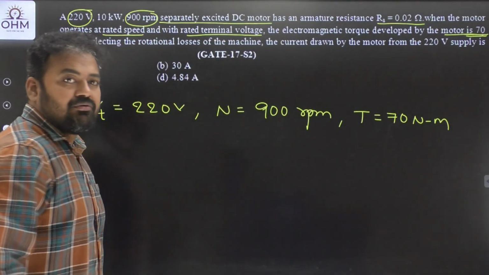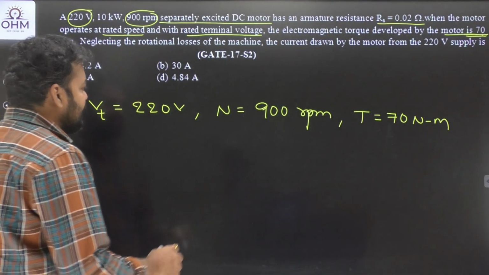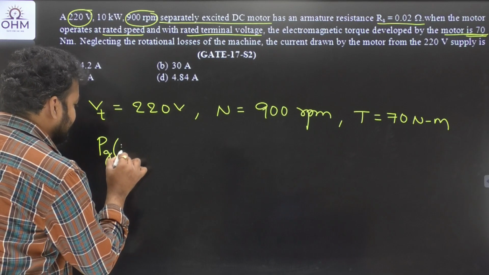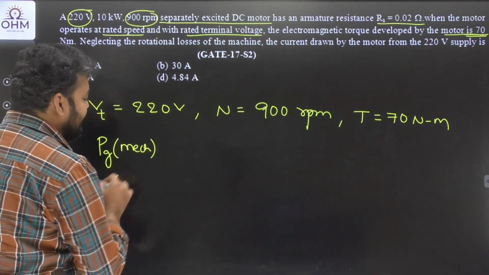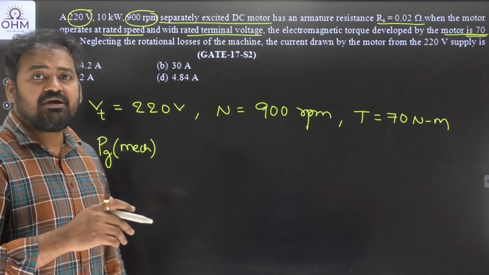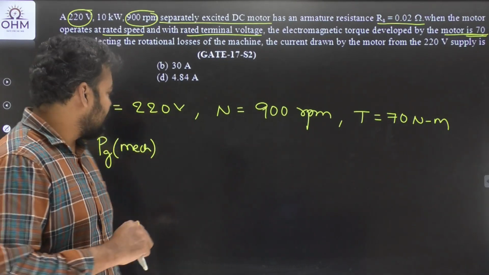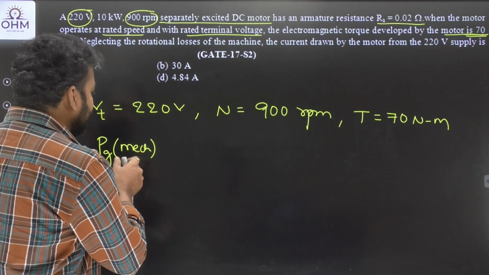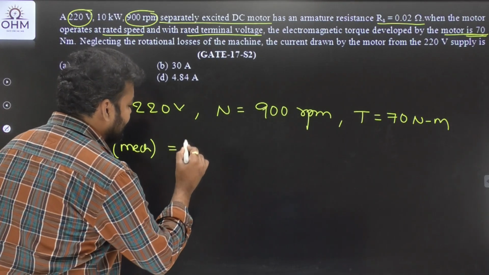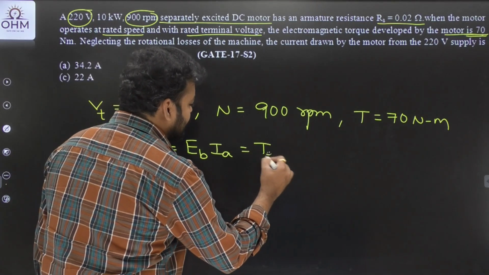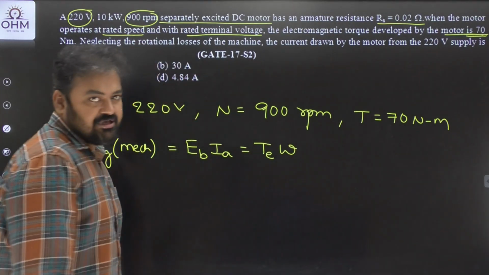Now, I can write down the power generated by the machine, that is the mechanical power developed by the motor. Motor means input power is electrical, output power is mechanical. For that mechanical power developed by the machine, you can write two formulas: one is EB into IA, or torque into speed in radian per second.